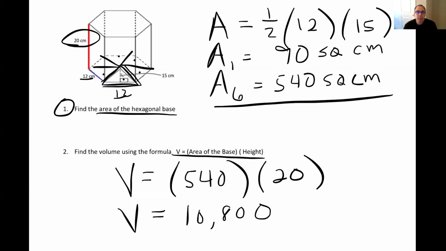Important to remember always to put your units on there. Since we're talking volume, this is going to be cubic. And since we were talking centimeters before, this is cubic centimeters. And that is how you calculate the volume of a hexagonal prism, 10,800 cubic centimeters.